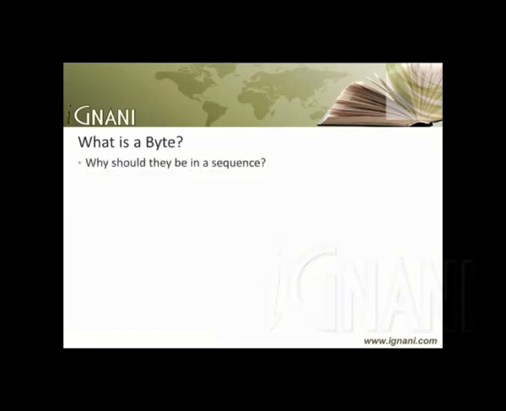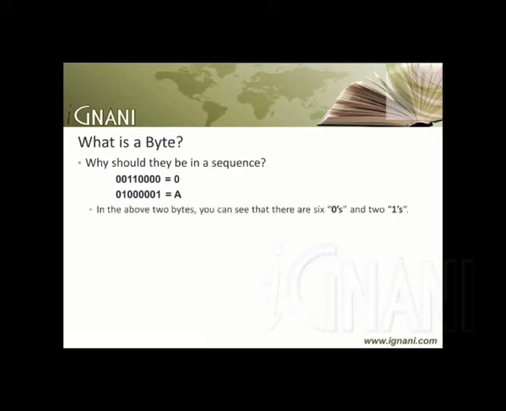Why should they be in a sequence? Let us take 2 different combinations of bits and their ASCII characters. 00110000 represents the ASCII character 0, while 01000001 represents uppercase A. If you monitor the above two bytes closely, you can see that, in both these combinations there are 6 zeros and 2 ones.